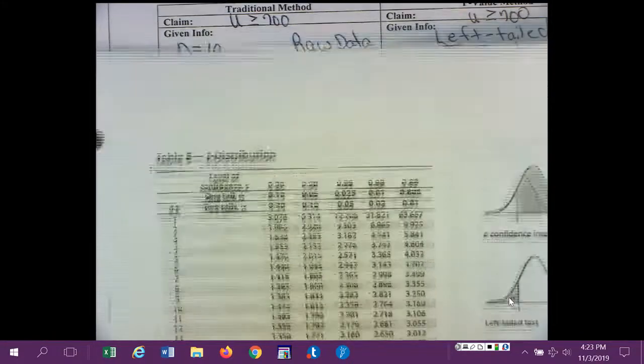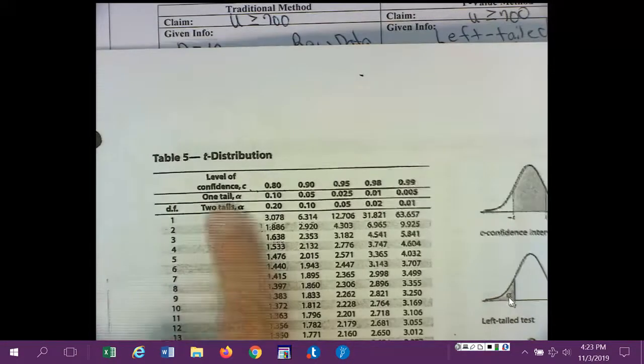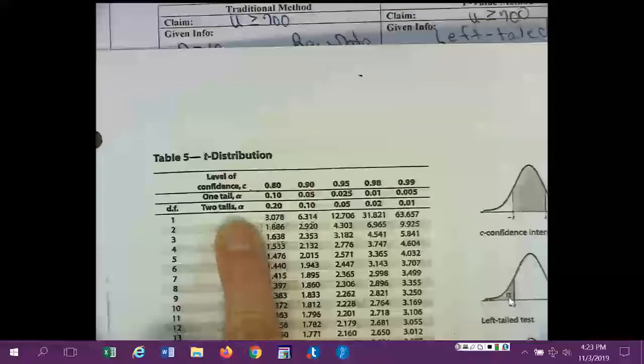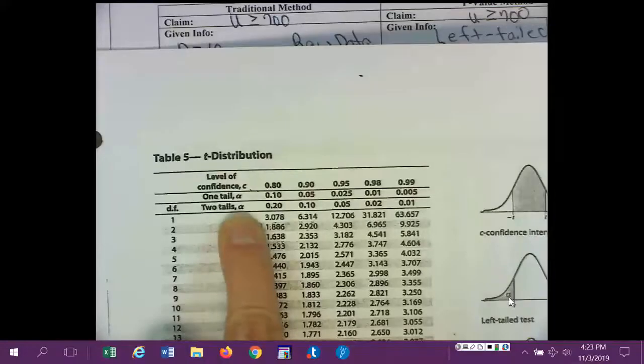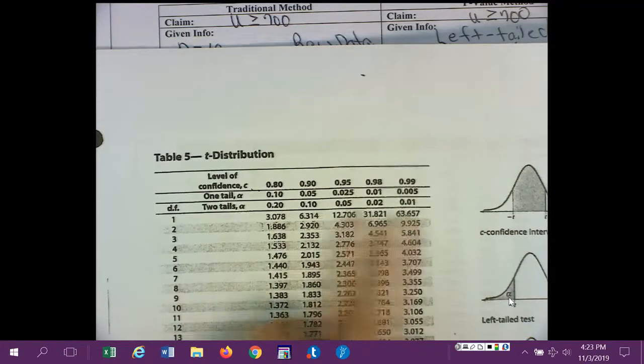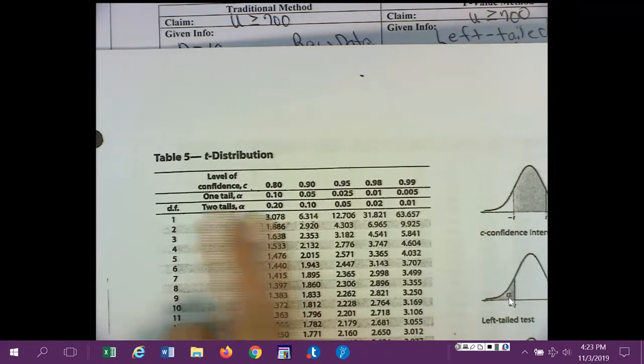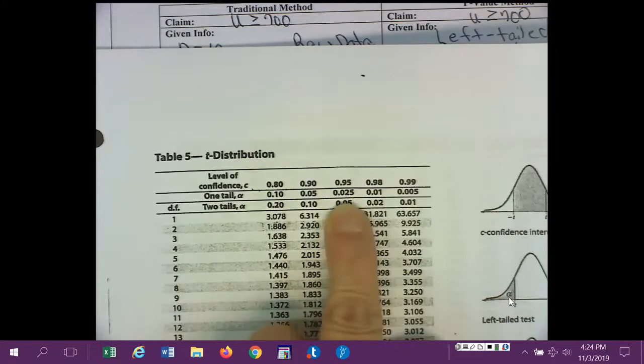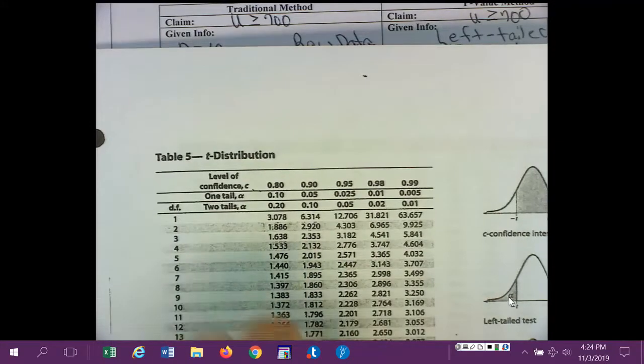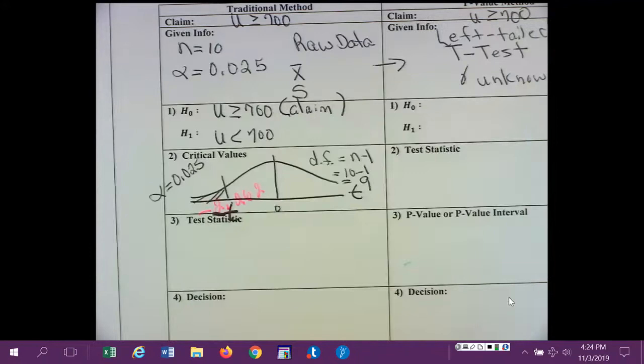I always go to my degrees of freedom, and I look up my alpha. I don't divide alpha by 2 if it's 2-tailed. I just go to the 2-tailed row if it's a 2-tailed t-test and find the alpha they give me. If it's a left-tailed or right-tailed t-test, I just look up the alpha they give me. And then when your two fingers meet, that's going to be your critical value.